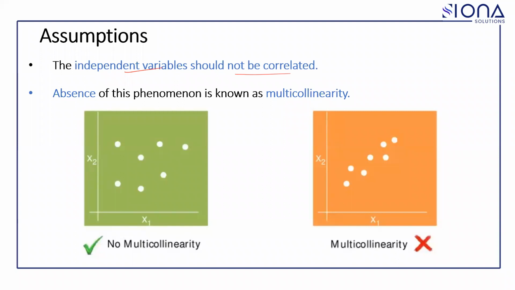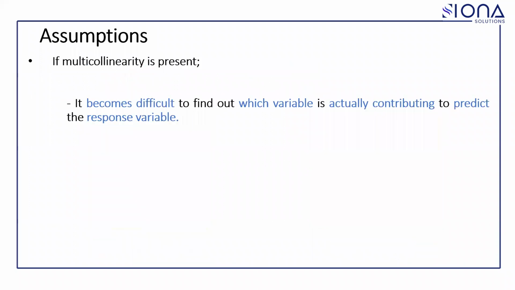Okay. Now, coming to the fourth assumption. Normally, the assumptions in linear regression, I would say it is 3 plus 2 and not exactly 5, because you need to always verify these first three.